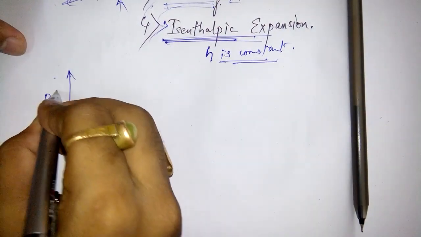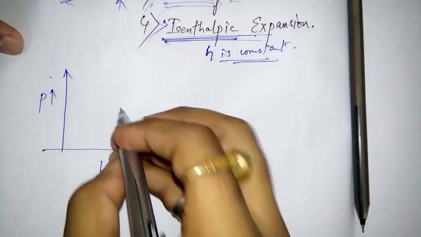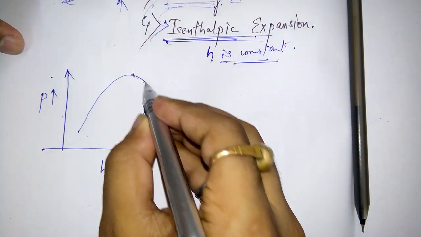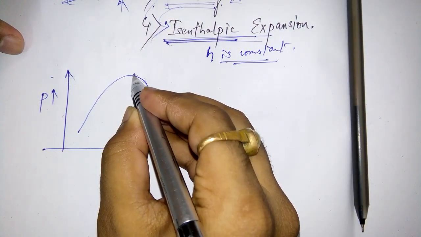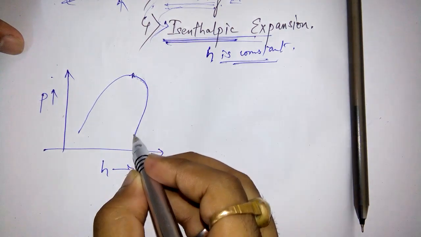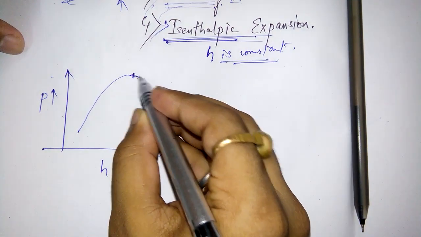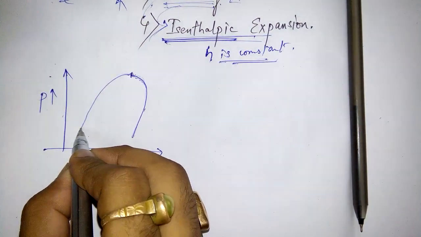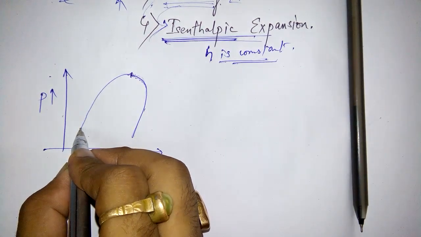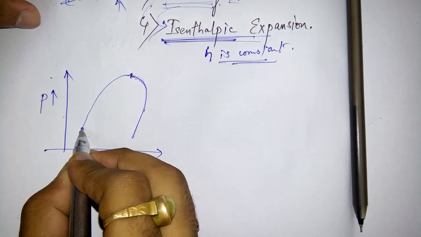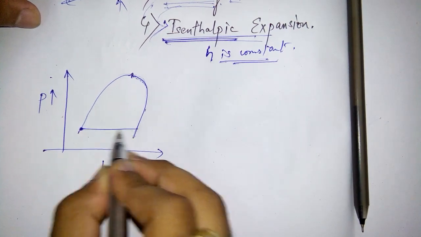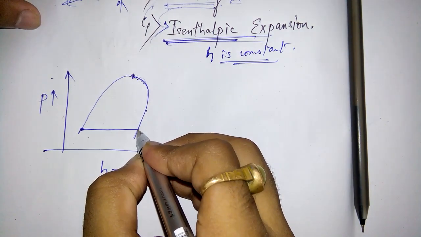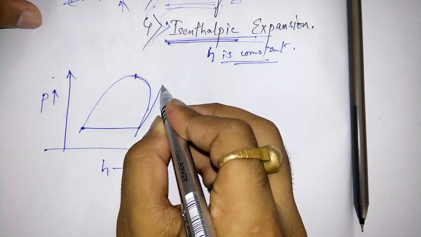So this is the pH diagram. First, this is the dome, this is the critical point, this is the saturation line. From the critical point, if you come in this way, this is saturated vapor and this is saturated liquid. In the evaporator, the process taking place is evaporation, the liquid refrigerant is becoming vapor, and then it is compressed in the compressor.